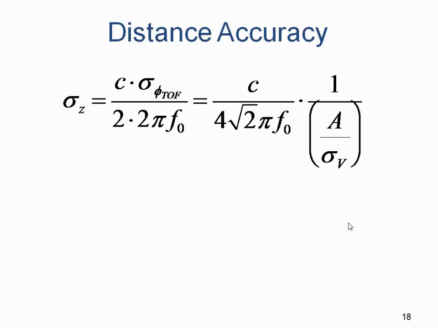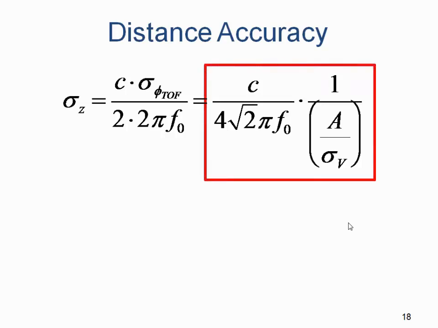If you represent this in terms of the amplitude and the error on the voltage, you will see this important formula that tells me that the accuracy is inversely proportional to the ratio between the amplitude of the modulation and the error on the voltage.